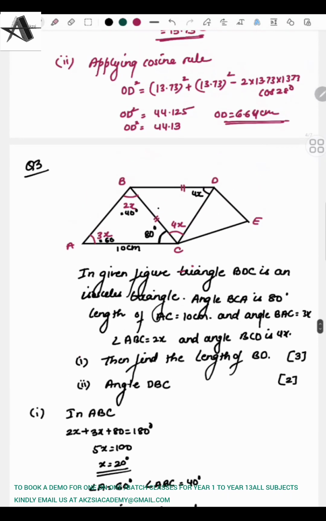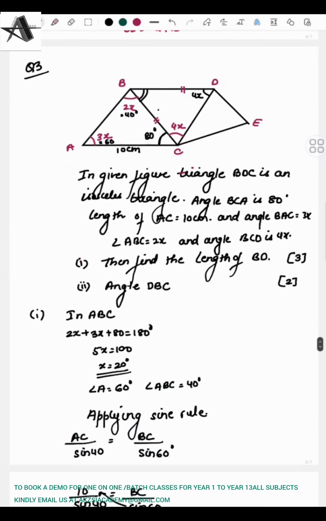Second part is quite simple. They are just asking you to calculate angle DBC. Angle DBC is, that means this angle. Because it's an isosceles triangle, so I can easily say that angle BDC is also 4x. So then we just need to apply our angle sum property, and we just calculated x as 20. So 4x will become 80.